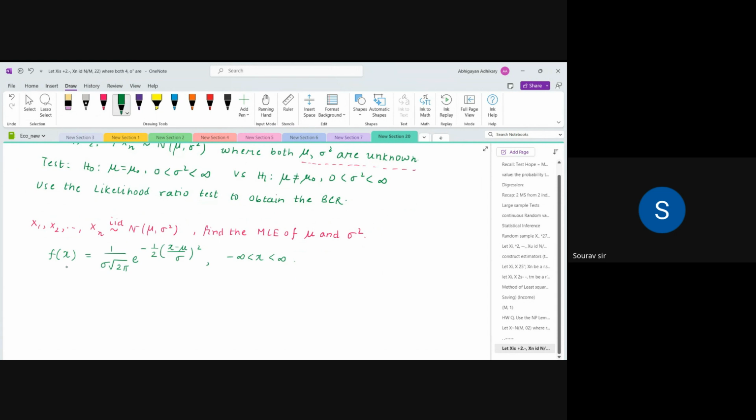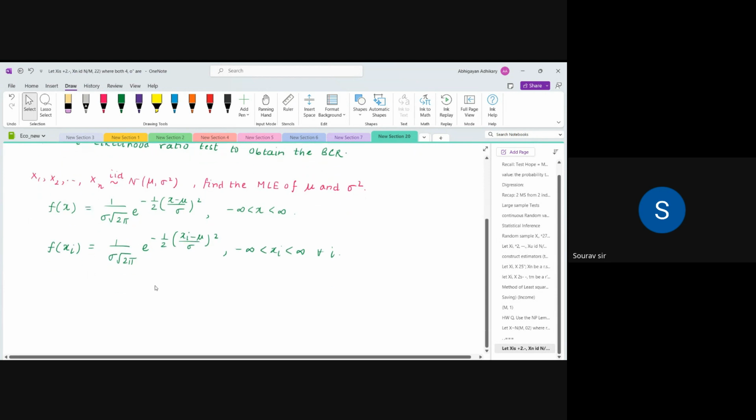Since x1, x2, ..., xn is a random sample from normal mu, sigma square, all the xi's will have this same distribution, 1 by sigma root over 2 pi e to the power minus half (xi minus mu by sigma) whole square, where xi varies from minus infinity to infinity for all i. Correct?